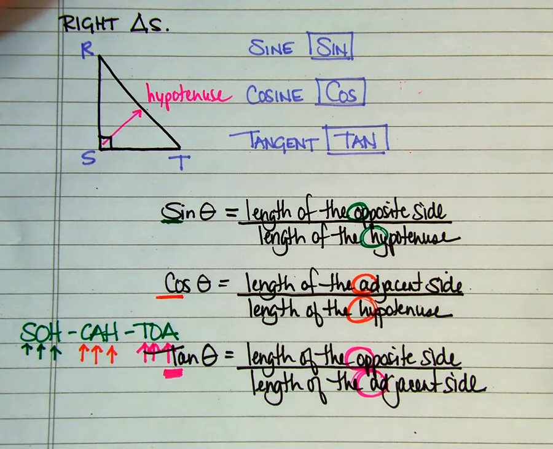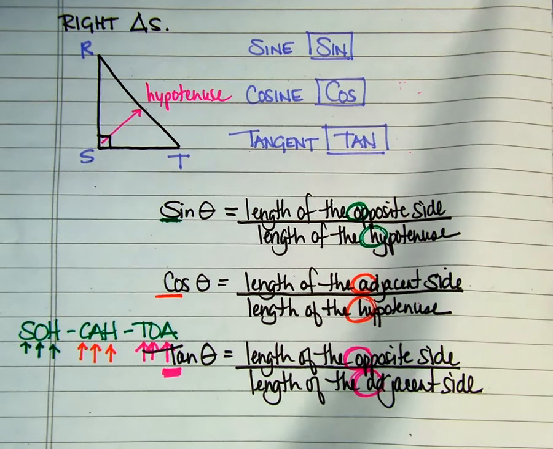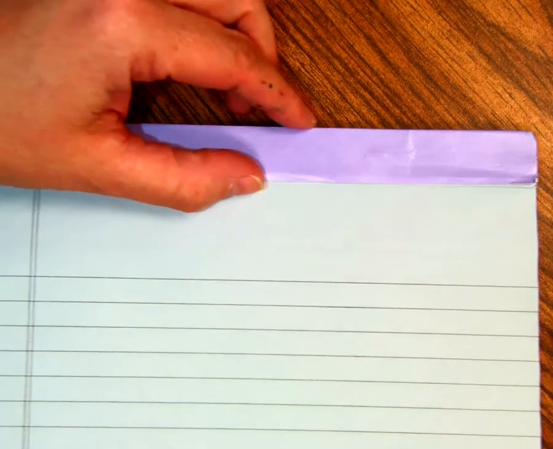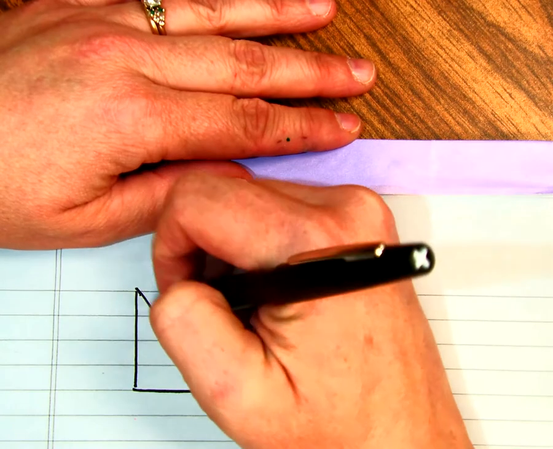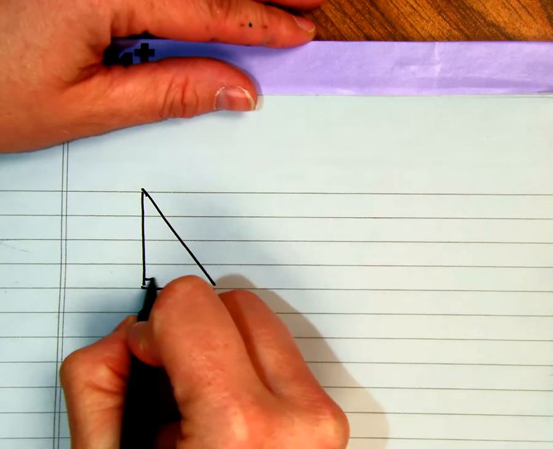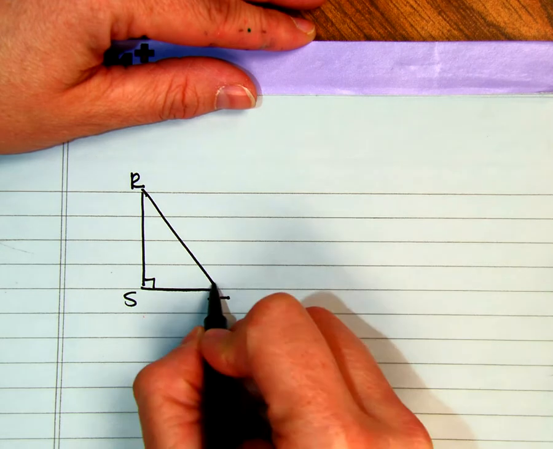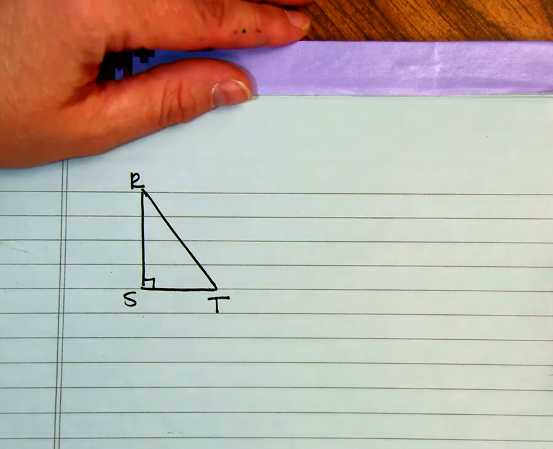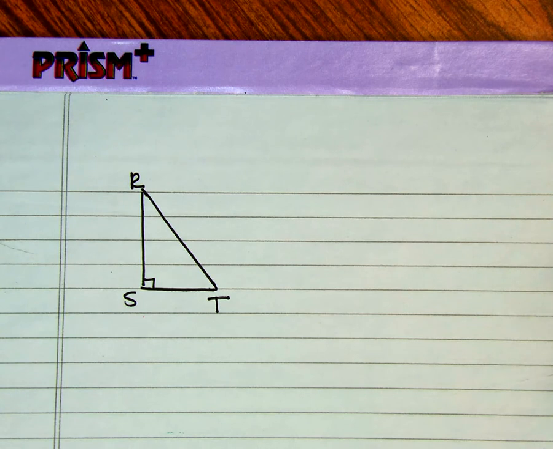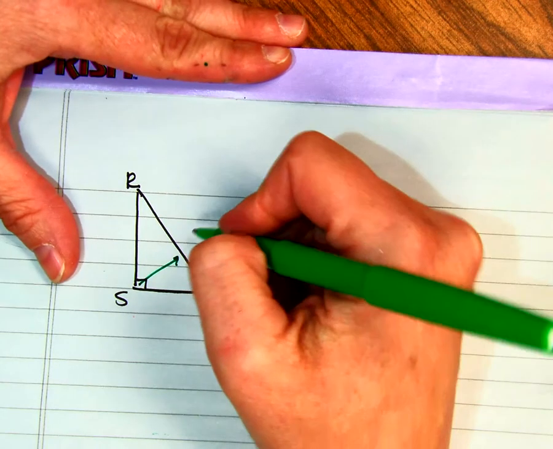Now, like I said, the hypotenuse is never going to change. It is your opposite and your adjacent that are going to vary. So I'm going to go back and I'm going to draw that same triangle I just had, just because I ran out of room. So we had R, S, T, and I knew that this side had to be the hypotenuse.